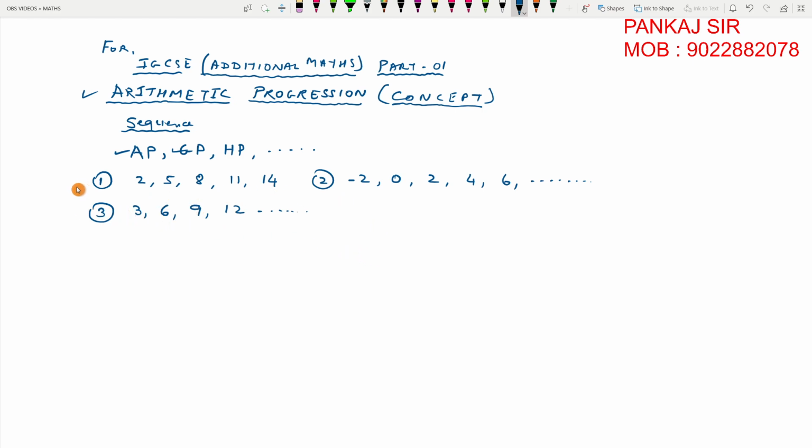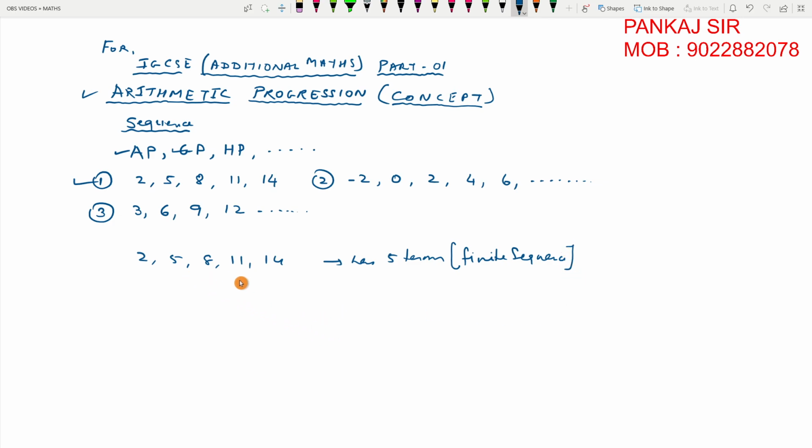So going by sequence number one, first of all, you can see that it has only 1, 2, 3, 4, and 5 terms. Okay. So this sequence 2, 5, 8, 11, and 14 has 5 terms, and that is why it is known as a finite sequence, right?